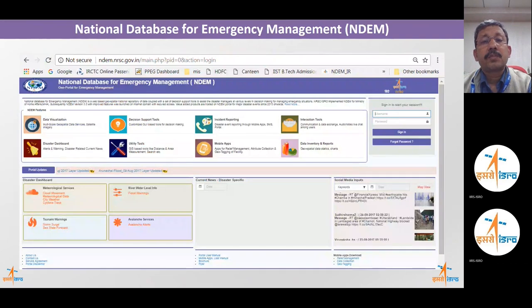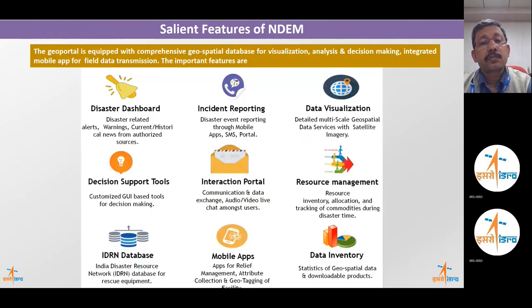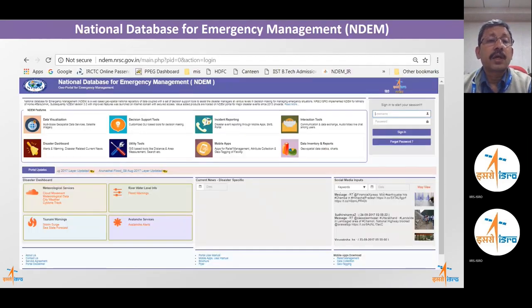Then we have the National Database for Emergency Management, NDEM, which has a disaster dashboard, incident reporting, data visualization, decision support tools, an interaction portal, resource management, and a number of other features. The database has almost all the layers, like roads, villages, hospitals, the location of police stations, the location of NDRF.